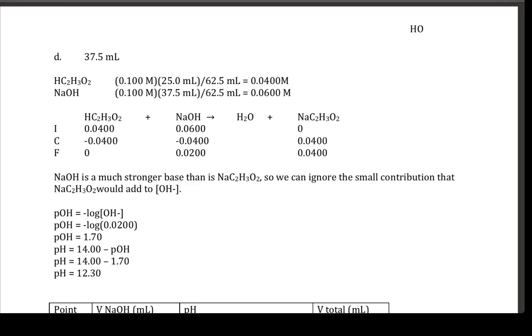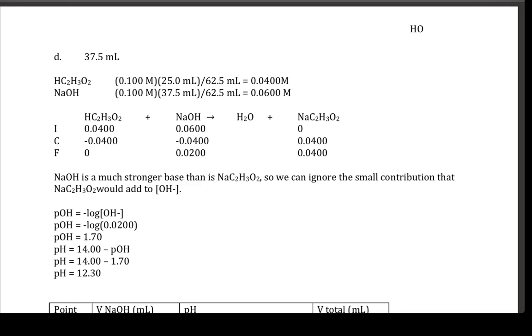Of the NaOH, it is 0.0600 molar. So we do our stoichiometry calculation: HC2H3O2 plus NaOH yielding water plus NaC2H3O2. We put in our initial amounts.